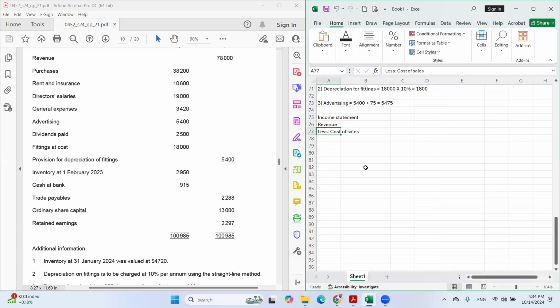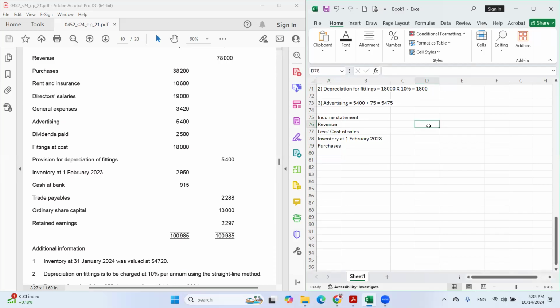Take note, don't change the format, follow exactly. The first item, inventory at 1st February 2023. And then you have purchases. And then what else did we have? We have closing inventory here. So we put in the amount.